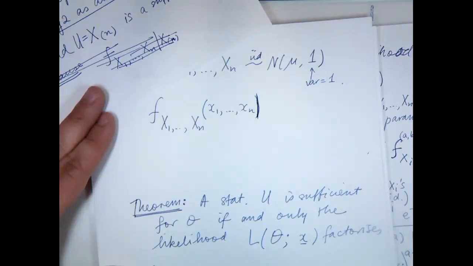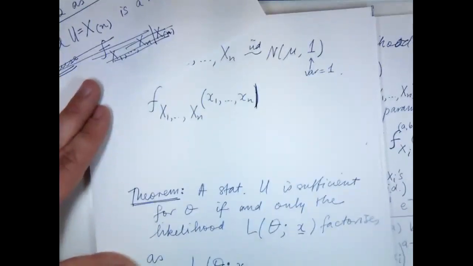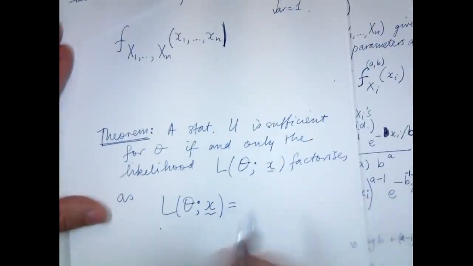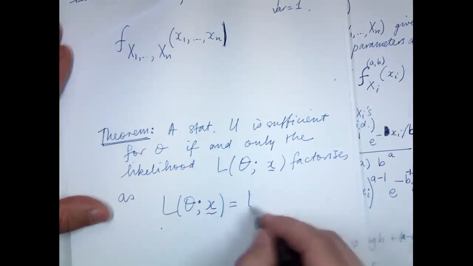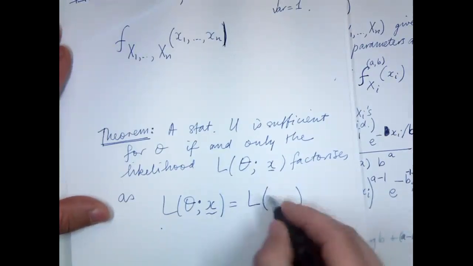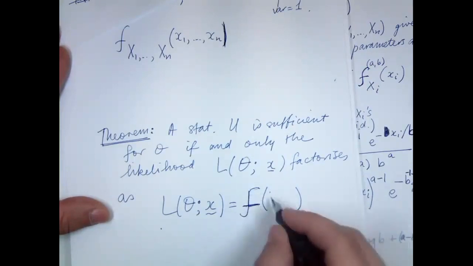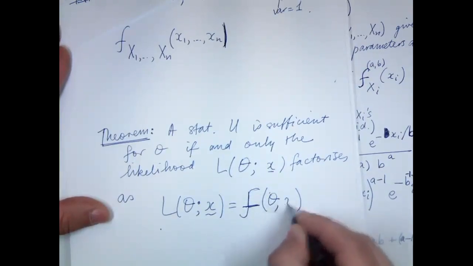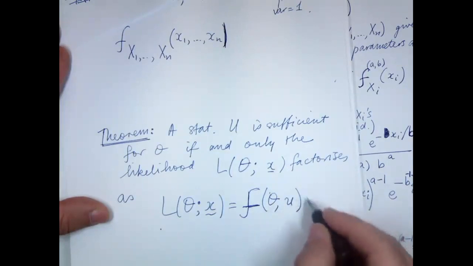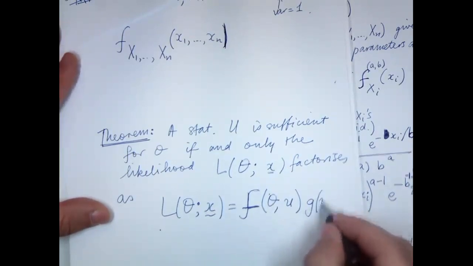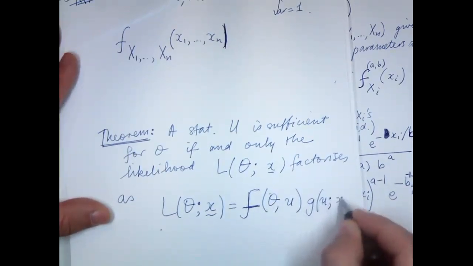L of theta given x equals, so you've got to be able to divide it into two things that relate. First of all, some function of theta and the statistic, times some other function of the statistic and the observations.